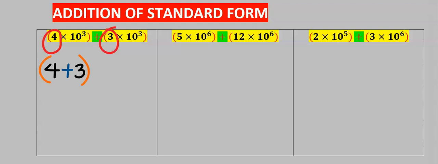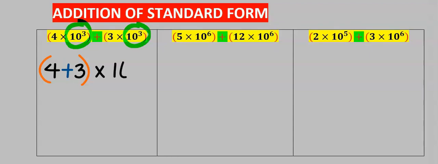In step 2, the powers of 10 to the power of 3 are the same, hence I will multiply this with 10 to the power of 3. Next, 4 plus 3, and you're going to have 7. And this is your answer.